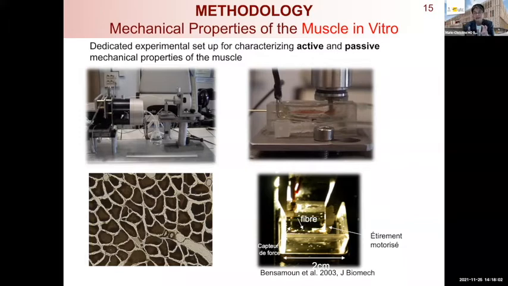The most difficult part of the muscle is that your muscle has what we call an active part and a passive part. In order to model this, sometimes you can use the passive way, but this is not its function. And usually we try, of course, to model the activation of the muscle. But in order to model that, you have to have data.